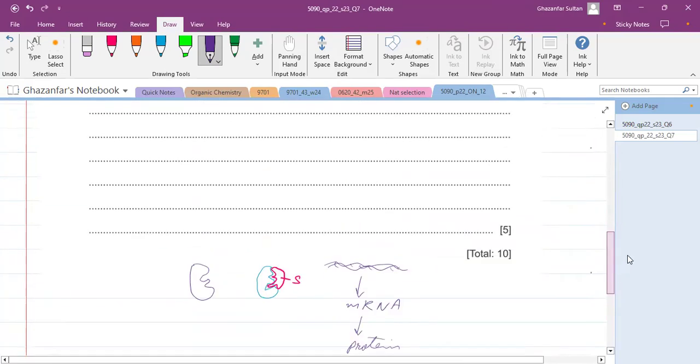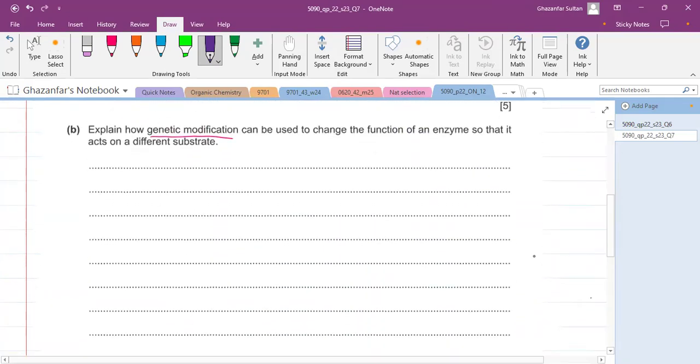So now see how we can incorporate this information that we have studied during our classes. We can start our answer either from the term enzyme or from the term genetic modification.